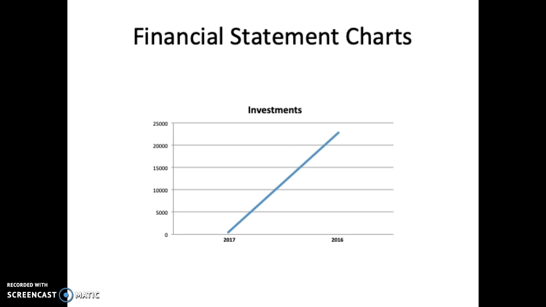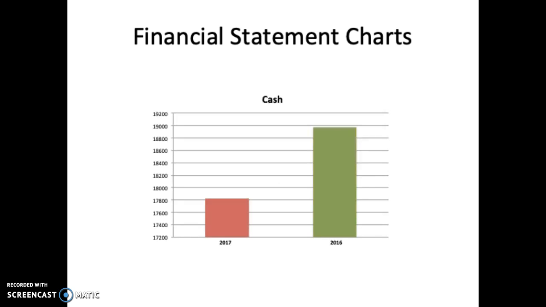Looking at some financial statement charts here, the first one is investments, and you can see from 2016 to 2017 the investments of the organization are also trending downward. Going on to our next one, the cash available for the organization from 2016, which is in the green, to 2017, which is in the red.